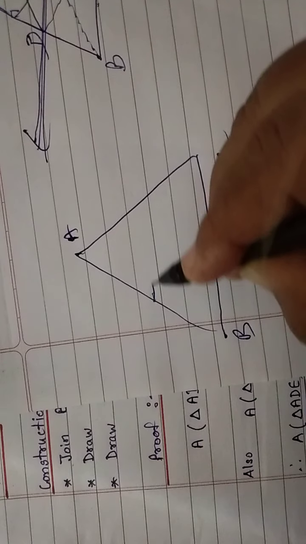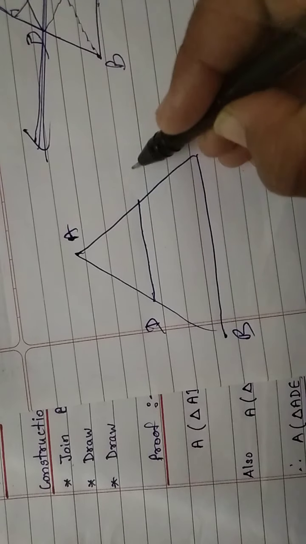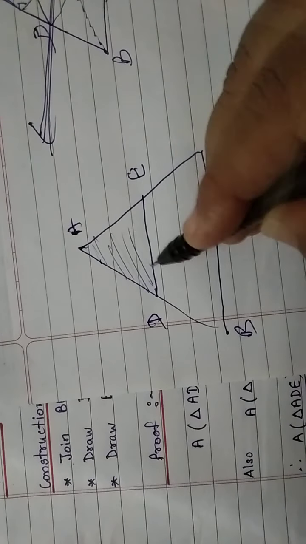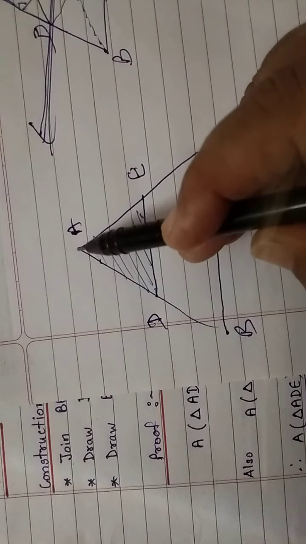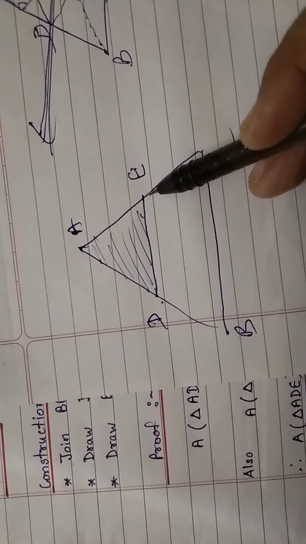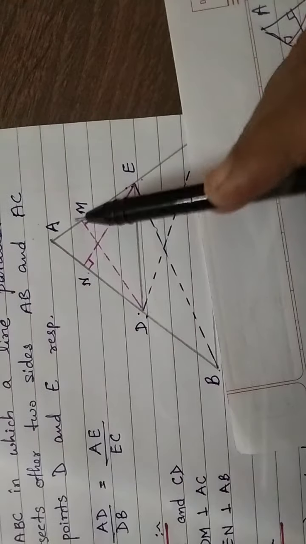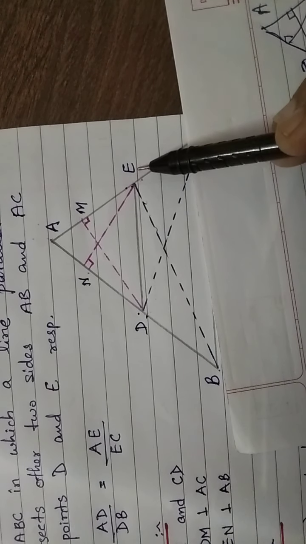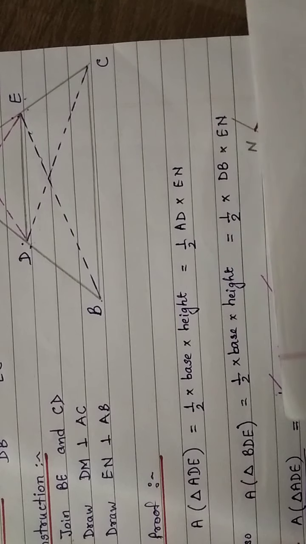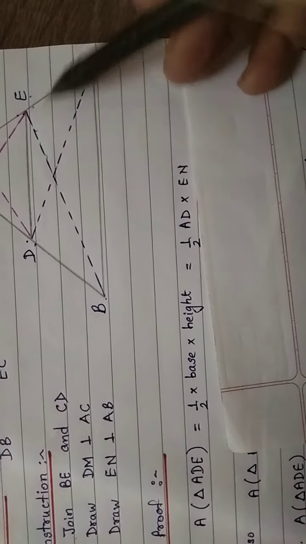In my figure, once more we'll see, this was my triangle ABC and this was the parallel line which I have drawn, D to E. Now I want to talk about triangle ADE, and I want to talk about AD and EN.